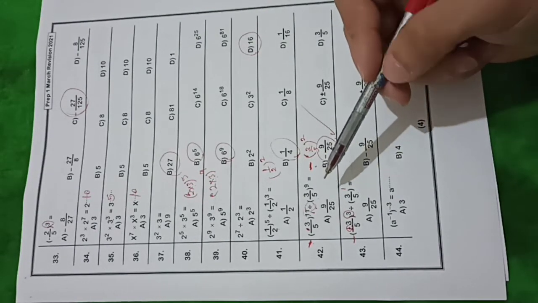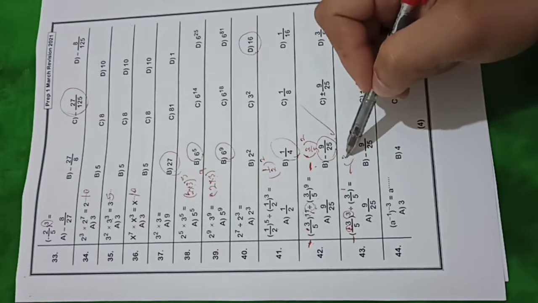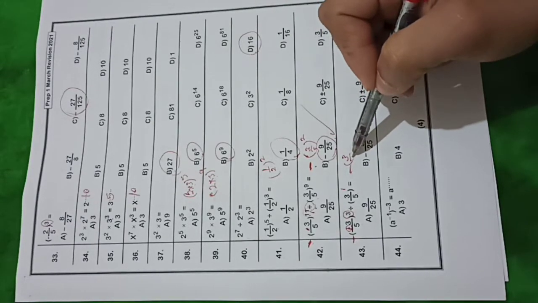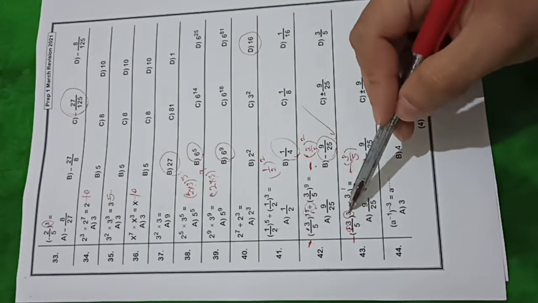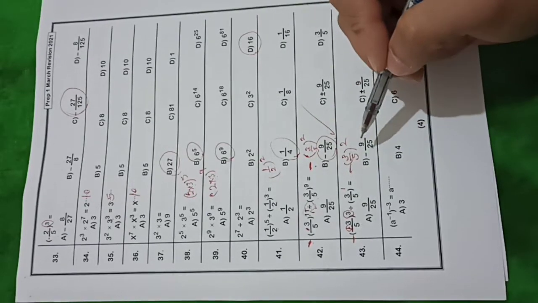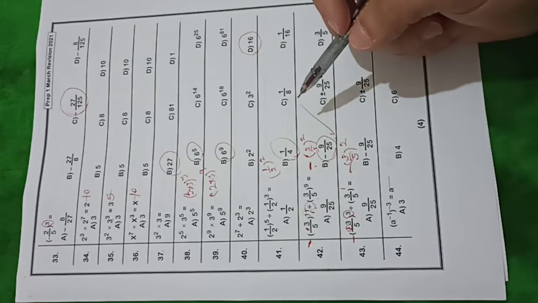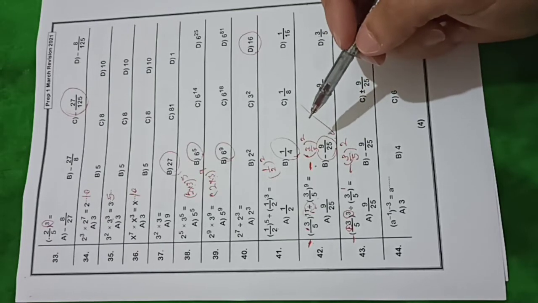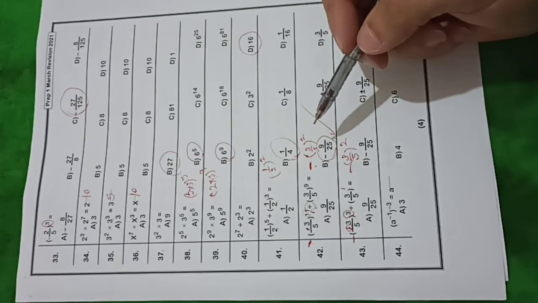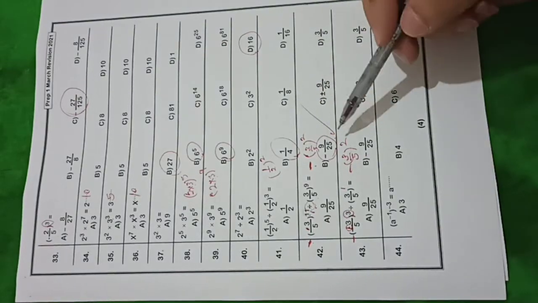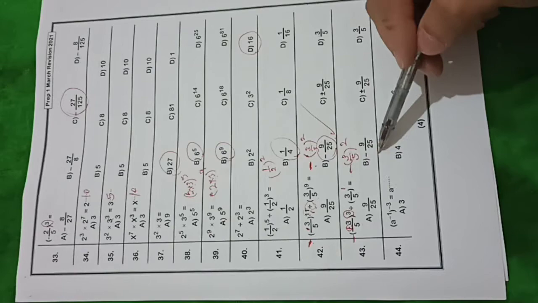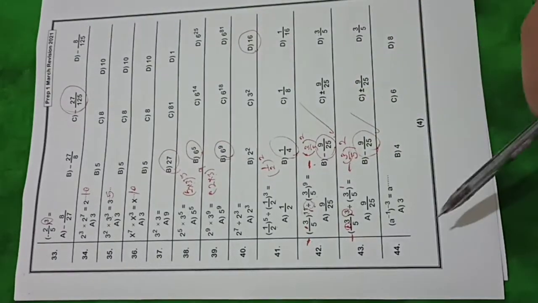Then we subtract powers, negative, write the base out, 3 over 5 raised to power 3 minus 1 equals 2. Okay, so we have negative 9 over 25.